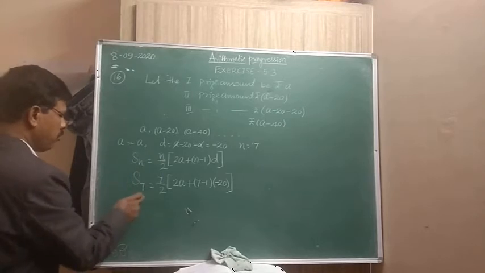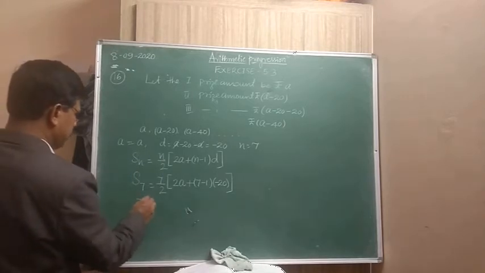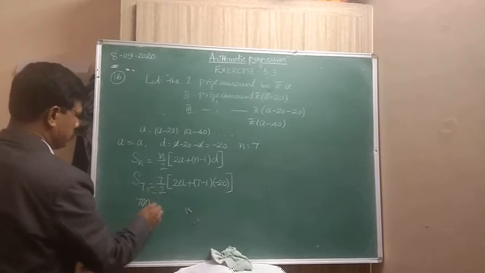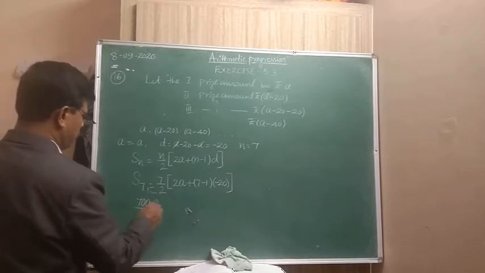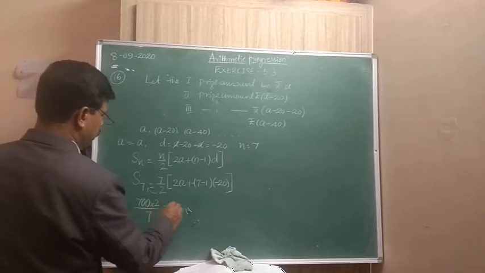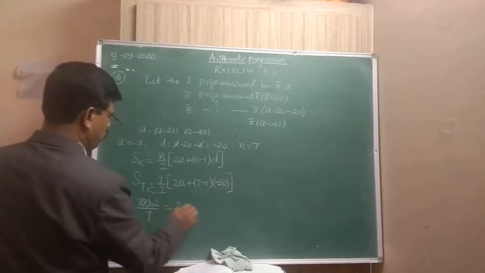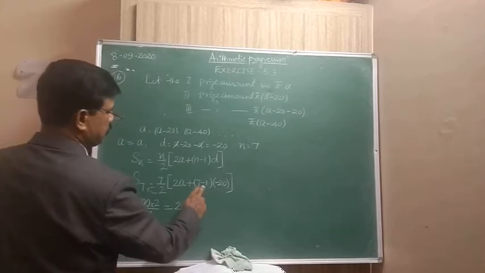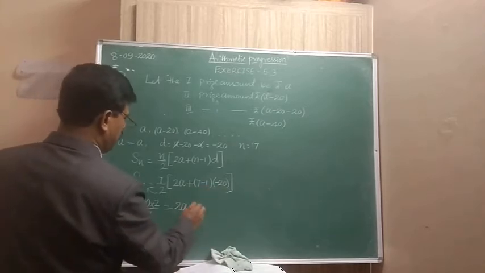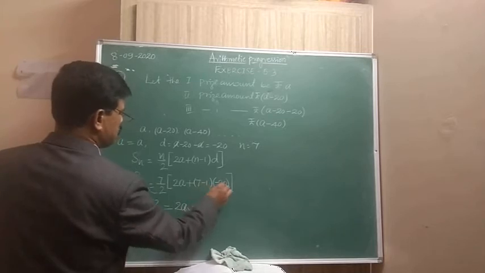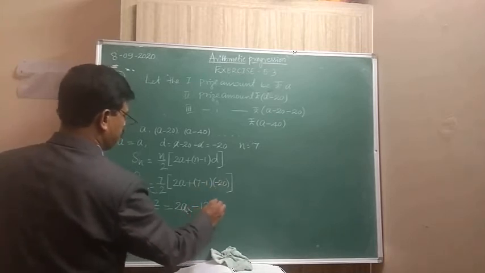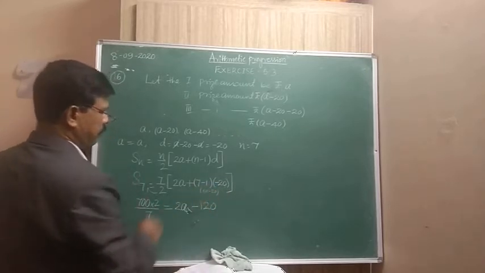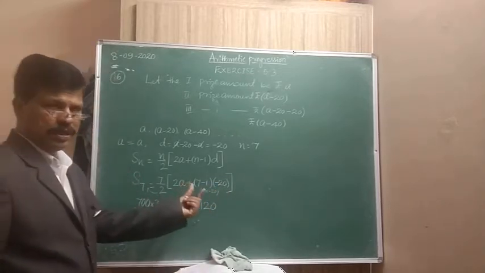Now the sum of all these things is 700. Okay, now shift this 7 by 2 to this side. 2 by 7 into 700 is equal to 2A plus, here 7 minus 1 is 6, into minus 20. 6 twos are 12, so minus 120. Clear this?